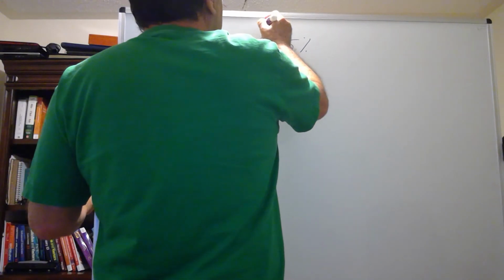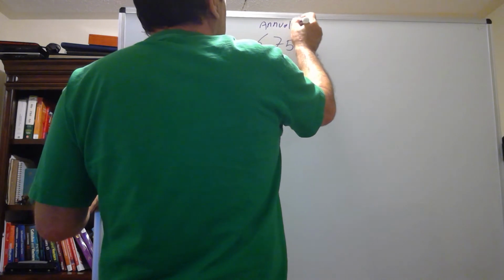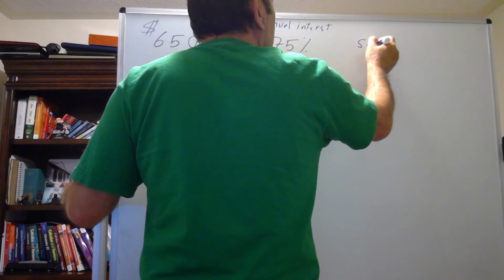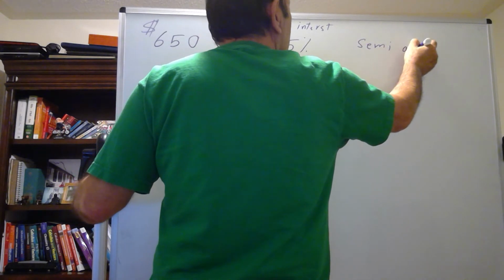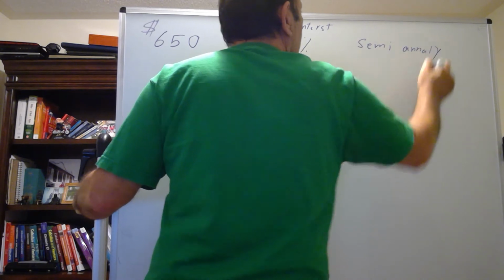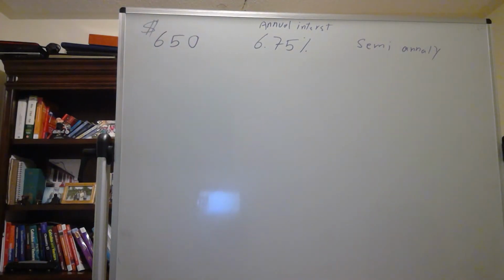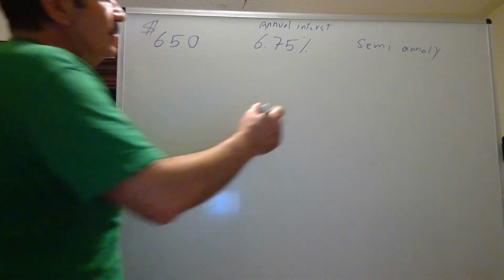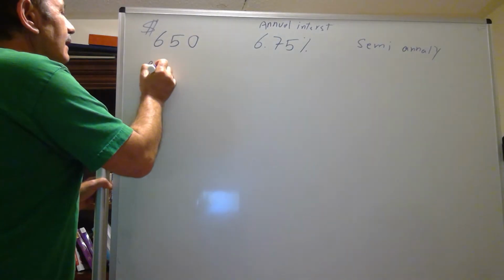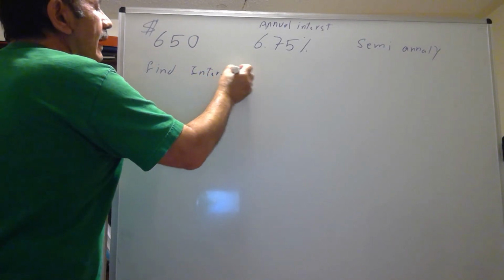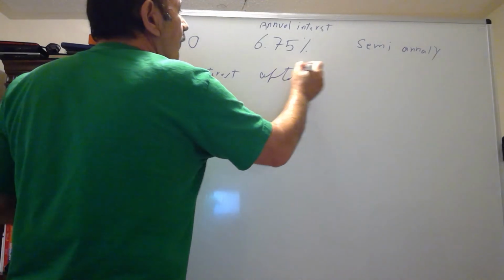This is the annual interest, and the way of calculation is semi-annually. And what is the interest earned after 5 years? The question is asking us to find the interest after 5 years.